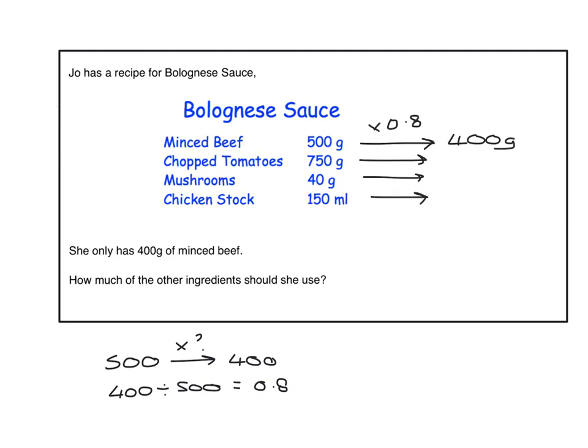So 750 times 0.8 is 600 grams. 40 times 0.8 is 32 grams. And 150 times 0.8 is 120 grams.